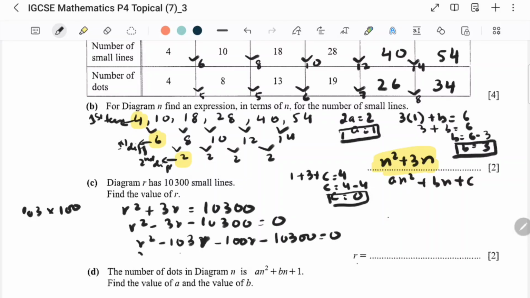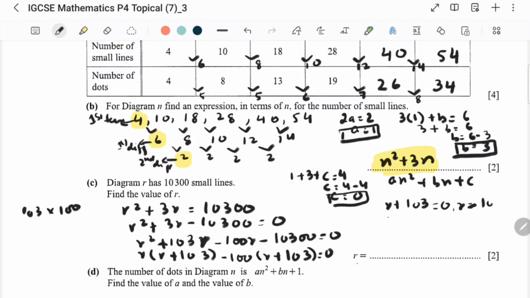Then r minus 100 and r plus 103 are equal to 0, so r is equal to minus 103 and r is equal to 100.